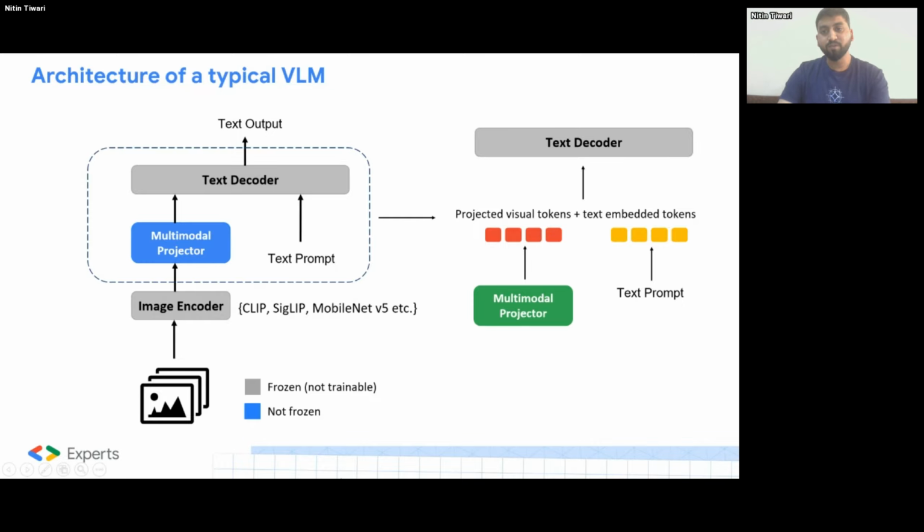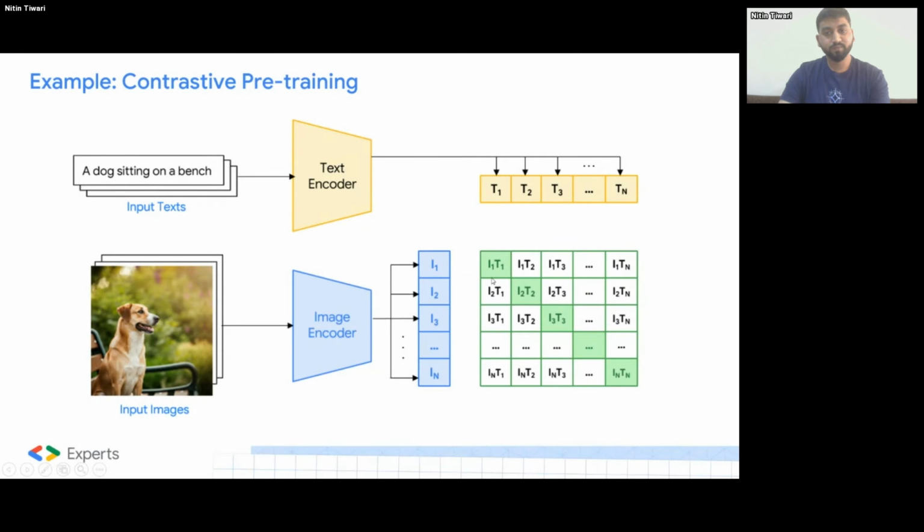So this is how VLM looks like. So I1, T1, I2, T2, I3, T3, all these will have values 1. It's just an identity matrix, you can call it, and the rest of the elements will be 0 in my entire matrix if I use the Siglip approach.